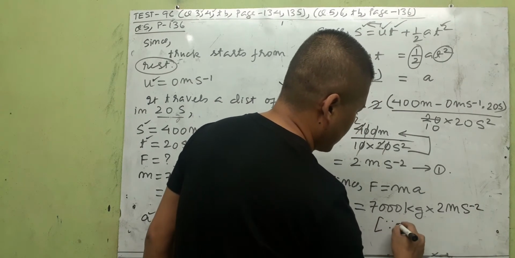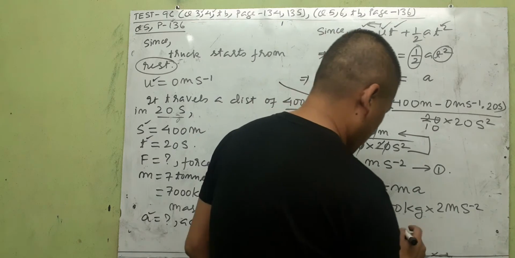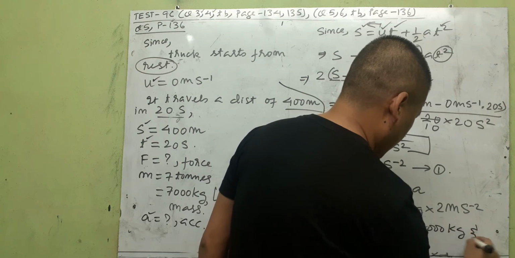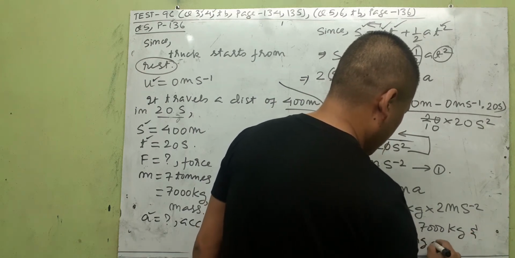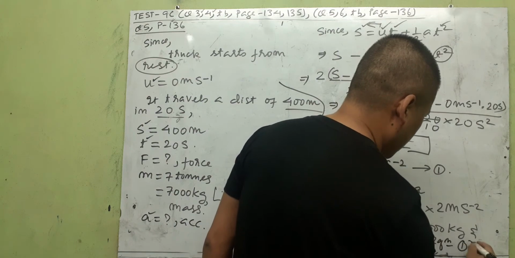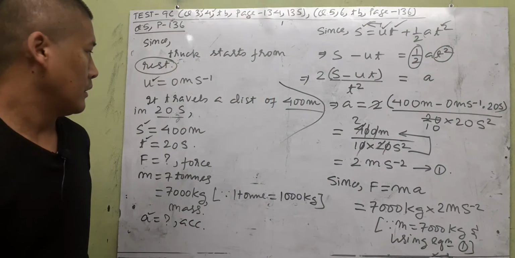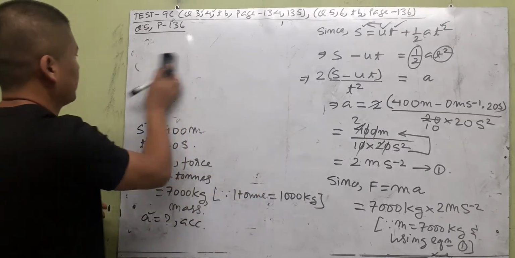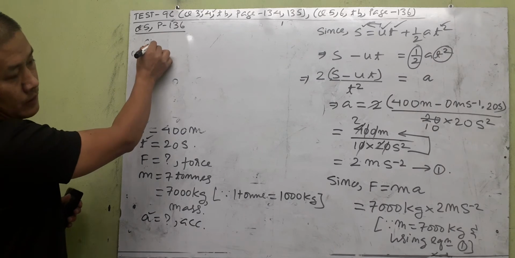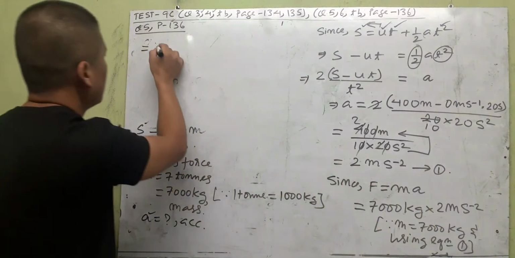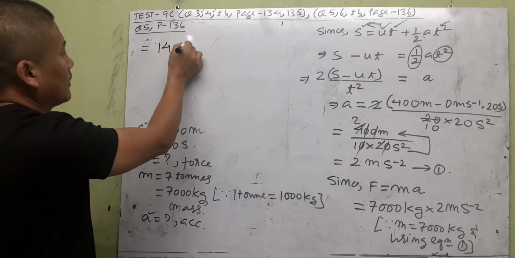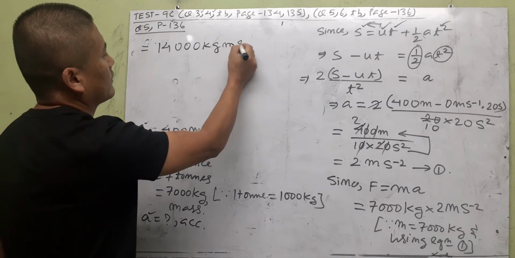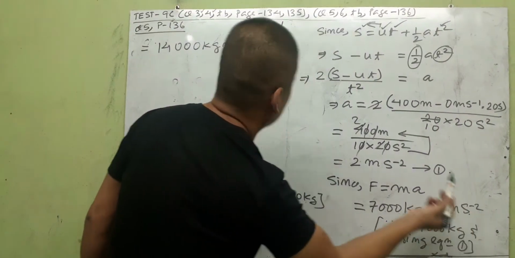So we know M is given as 7,000 kg, and using equation number 1, as we continue we're going to get 7 2s are 14,000 kg meter per second square.